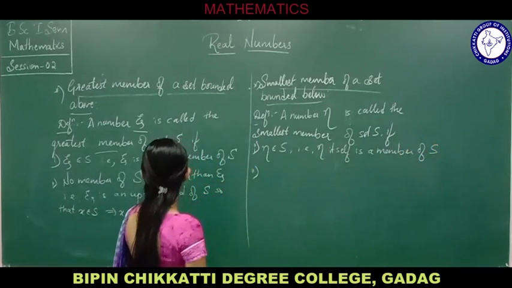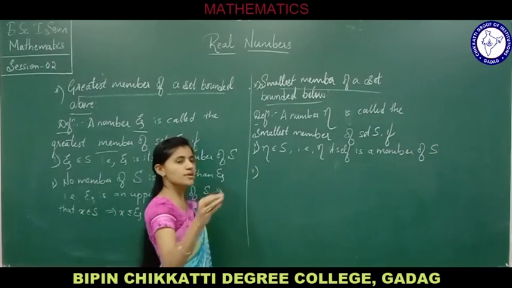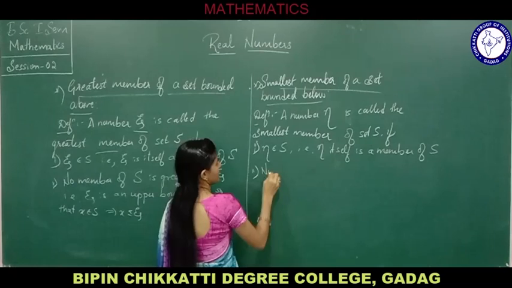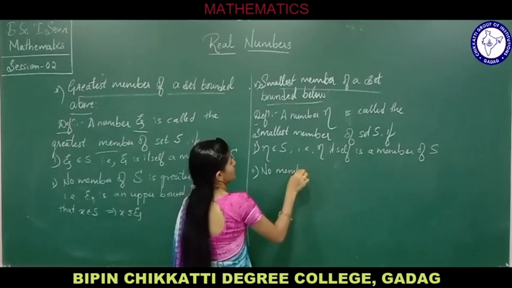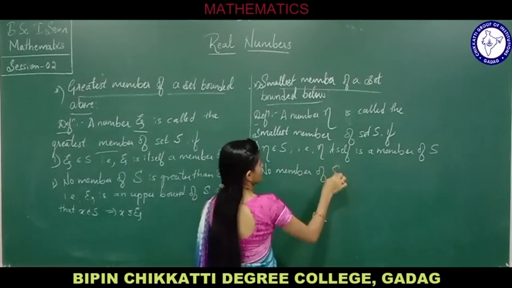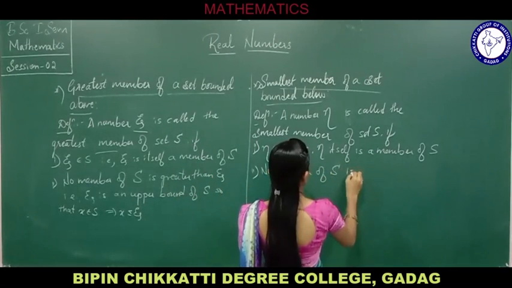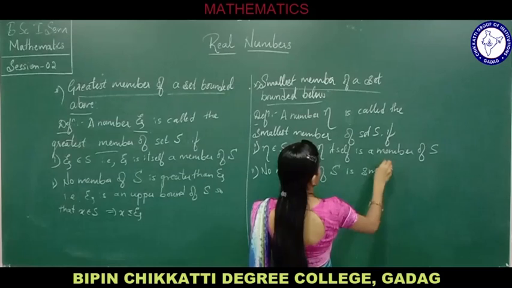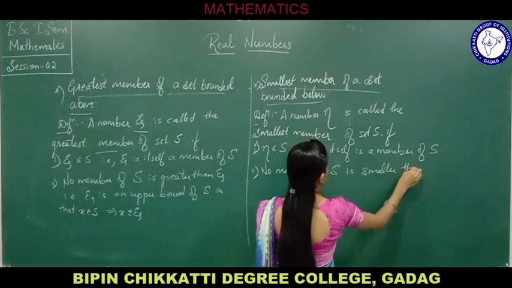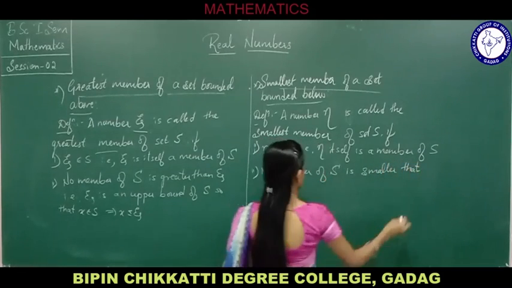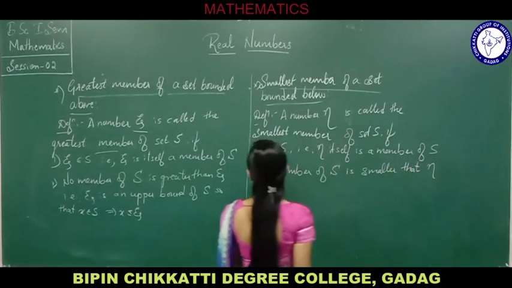What about the second condition? The second condition is that no member of S is smaller than eta.